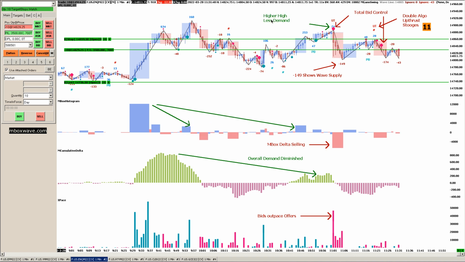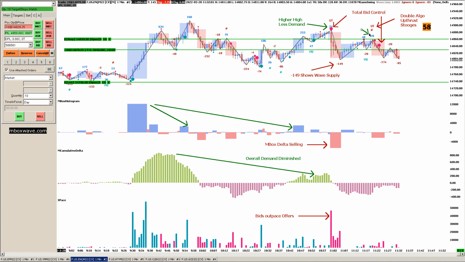It's going to make reading these waves a lot easier for everybody and making sense out of them. And what do we have here as well? 48 to 28. It's the same thing. We have higher high, less demand here. And it's in line because we have the wave supply here, MBox delta selling here.